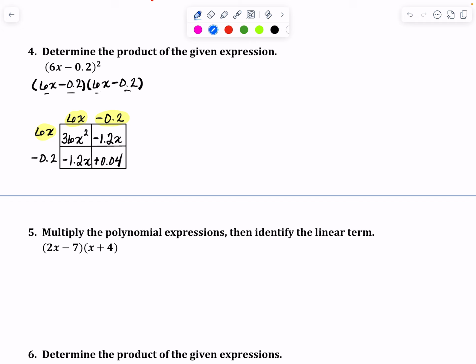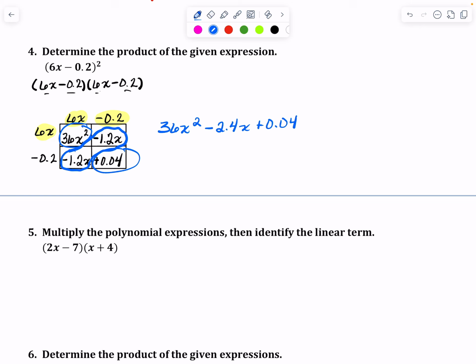Now, as we write these out, we write our quadratic term first, our linear term second, and we have two of those right here. So that will combine to negative 2.4x, and then our constant term last, 0.04, and there is our solution. Okay? So that's the area model.